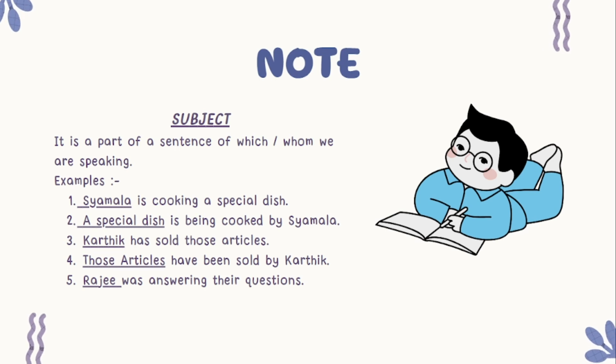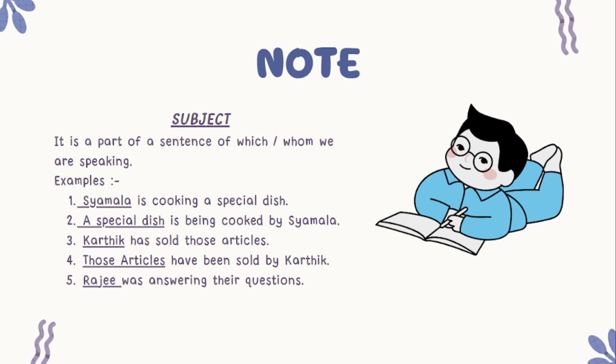How do we know? It is not written at the beginning of the sentence. So it is not given priority. So those articles is not a subject. Do you understand?